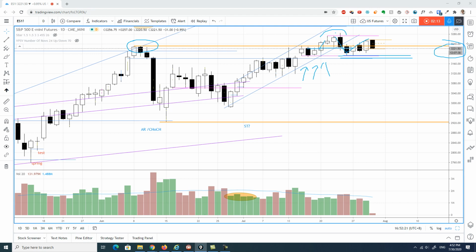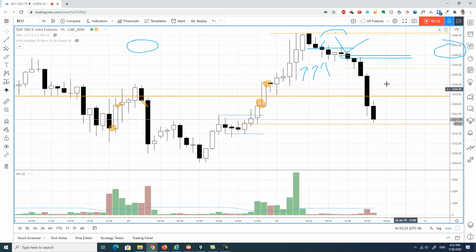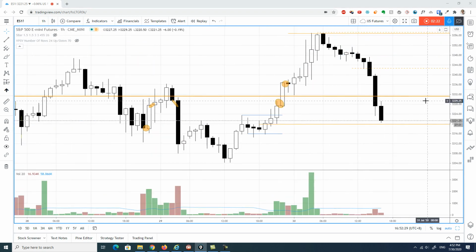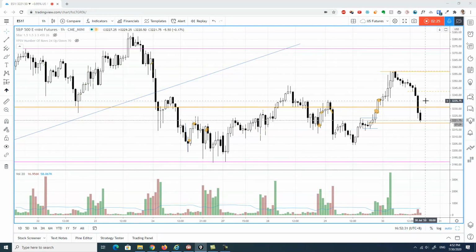And let me get down to the H1 time frame to elaborate a bit more on what's happening yesterday. Okay, let me clean this up. All right, so this is the H1, the hourly chart for the S&P 500.